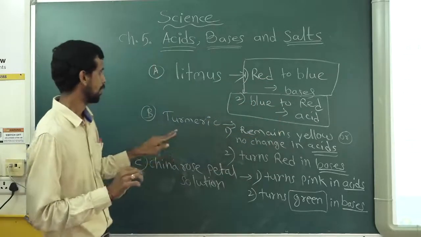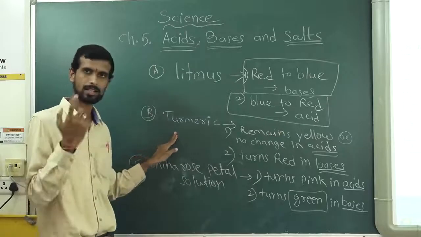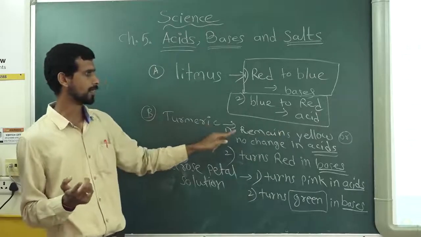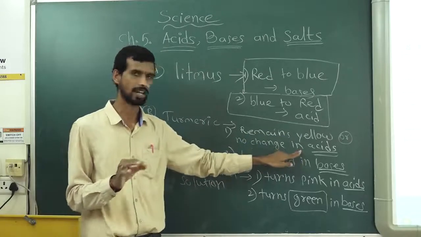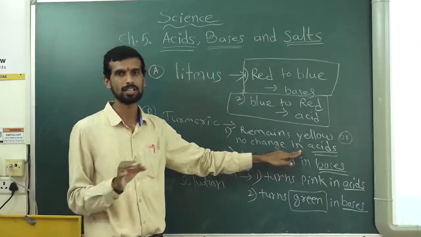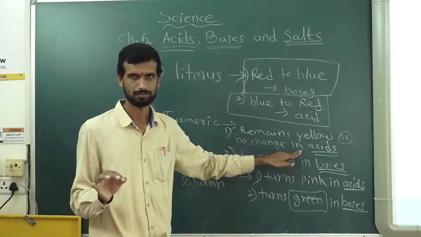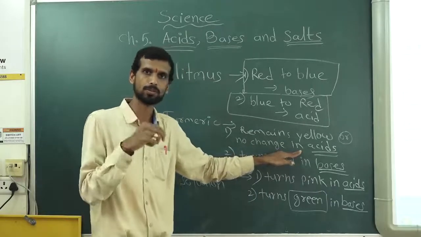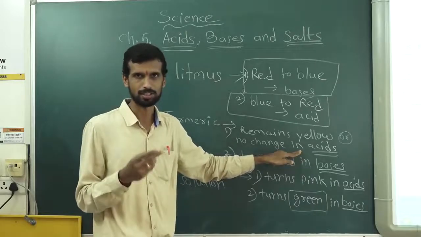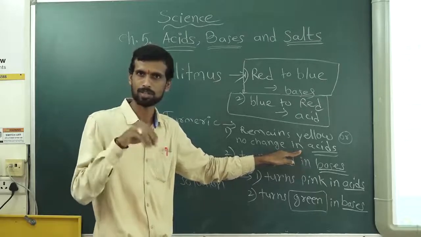Okay. Turmeric, another natural indicator. It remains yellow, or there is no change, in acids. How to use it? In the previous video I have told you. You have to make turmeric solution. Take some turmeric powder, add some water, make a solution.